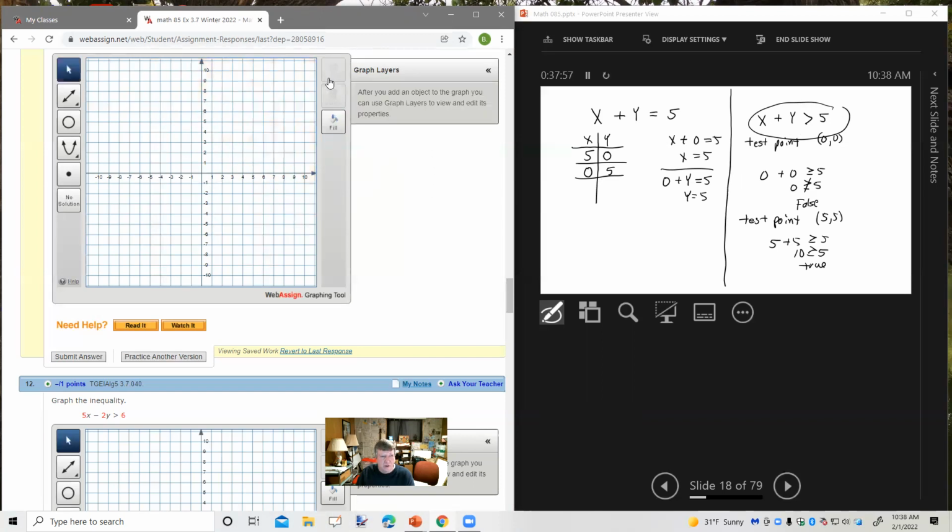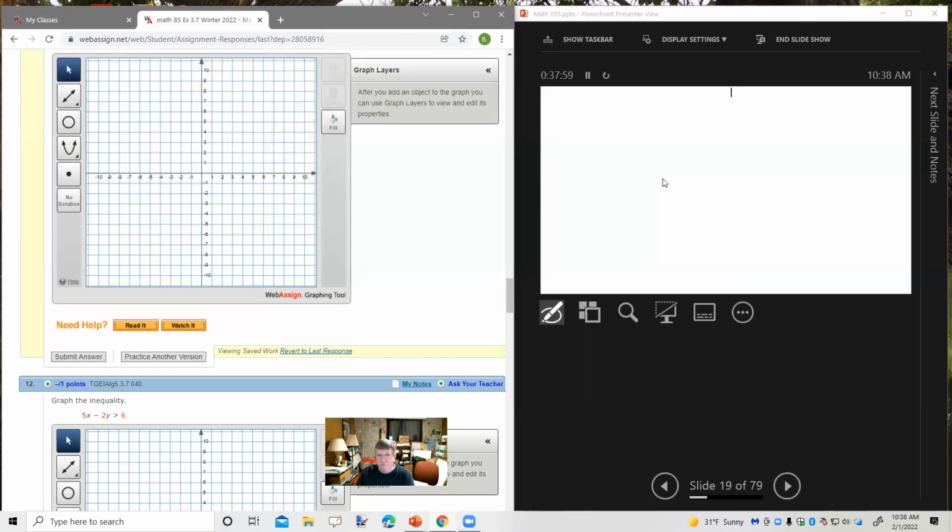Okay, we're going to start all over. And give me a second here. Let's see. This says graph each inequality. And I have 5x plus 4y greater than or equal to 20.